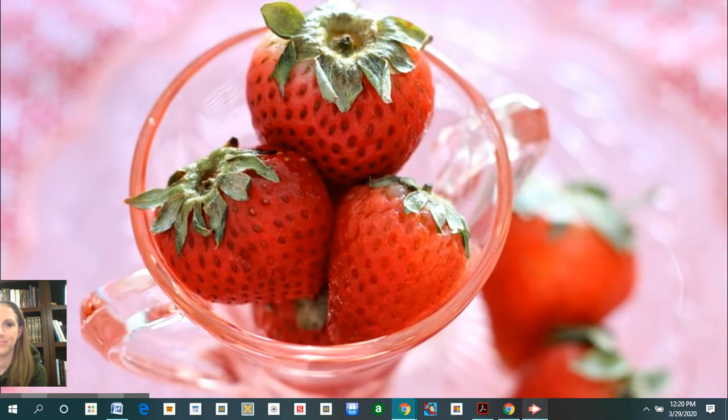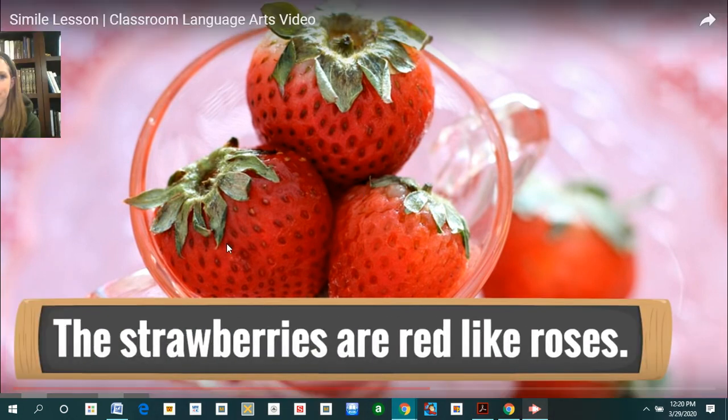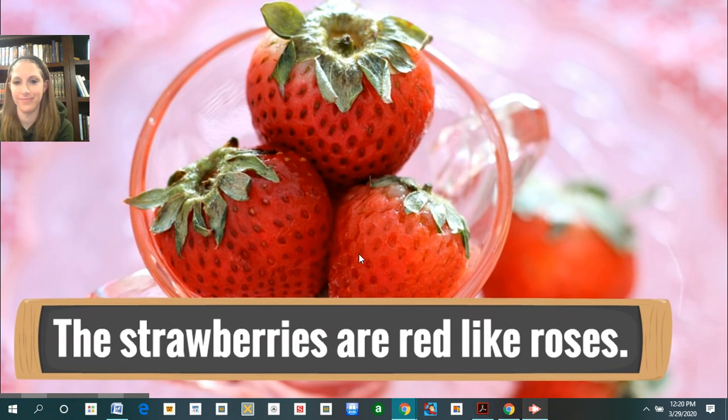Look at this simile. The strawberries are red like roses. The strawberries are red like roses. We know that this is a simile because it is a comparison, and notice the word like. The word like means, if it's a comparison, that it is a simile. The strawberries are being compared to the roses. And what do the strawberries have in common with the roses? Yeah, they're both red. The strawberries are red like the roses.